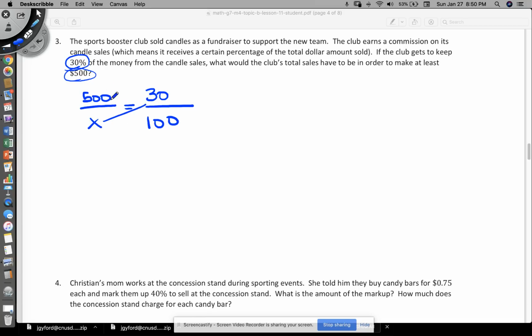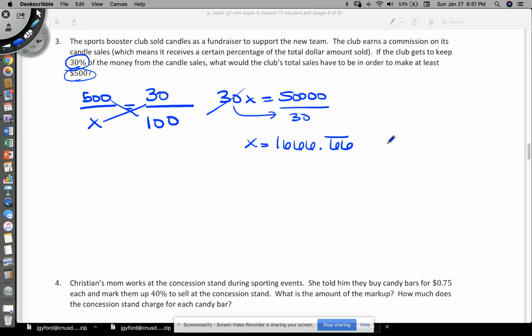So we're going to cross multiply here, and I get 30x equals 500, and then add 2 more zeros on there, so 50,000. 30 times what gives me 50,000? So we're going to swoop this down below and divide those out. And when I divide it out, you're going to notice on your calculator, you get 1666.66, and that keeps repeating.